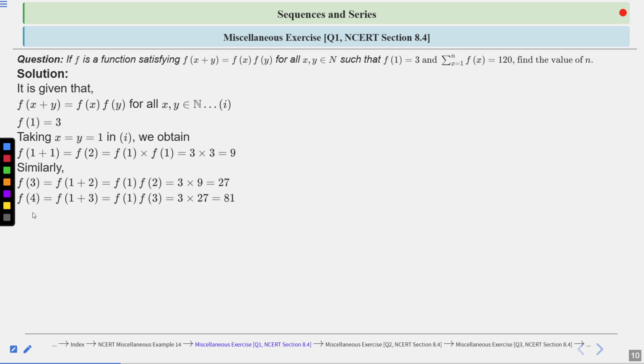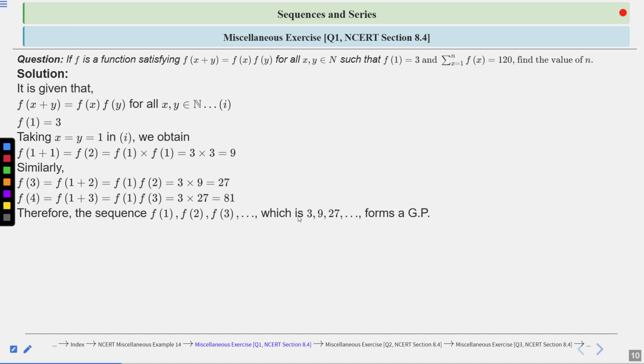For f(4), put x = 1 and y = 3 in equation number 1, we obtain f(4) = f(1 + 3). This is equal to f(1) · f(3). The value of f(1) is 3 and the value of f(3) is 27. This is equal to 3 · 27, which equals 81. Therefore, the sequence f(1), f(2), f(3), and so on, which is 3, 9, 27, and so on, forms a geometric progression.